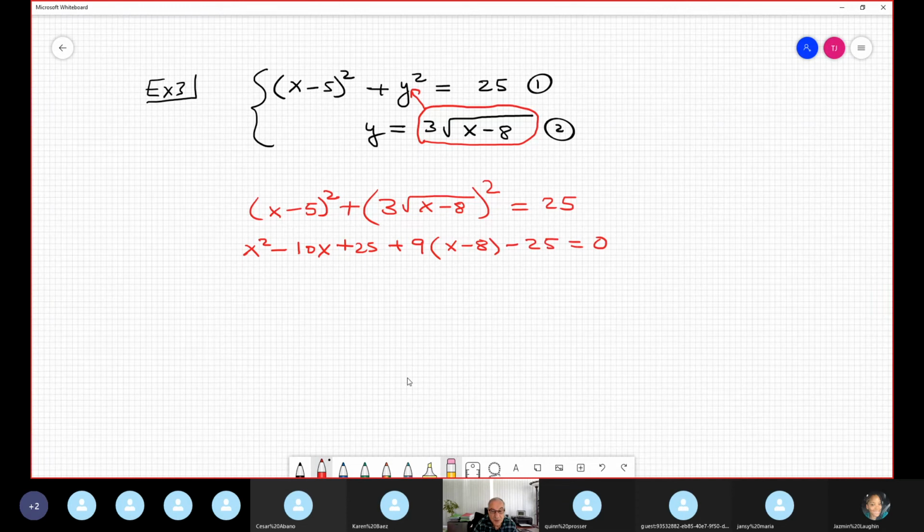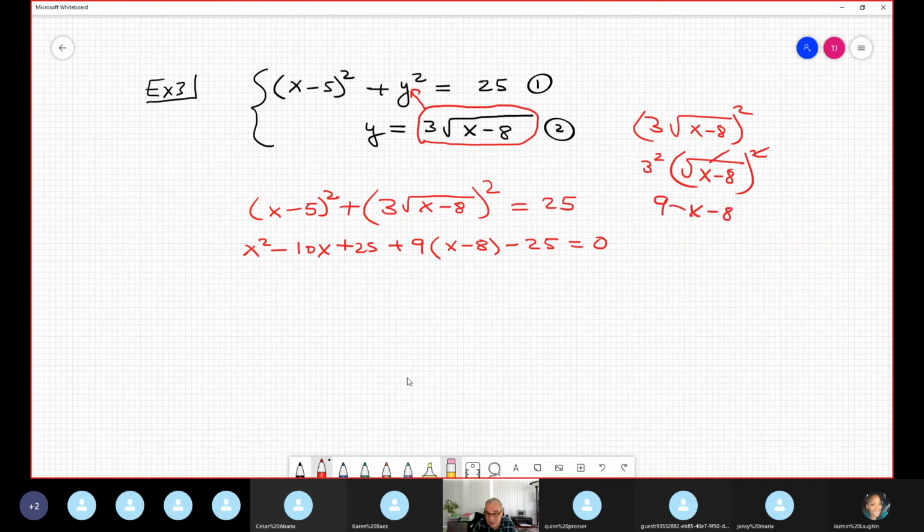Be careful: the square root and the square cancel out, it's gone, this is just 9. But if you write without parentheses, it looks like 9 multiplies only x. This is not true, 9 multiplies everything. That is the reason this parenthesis is super important.